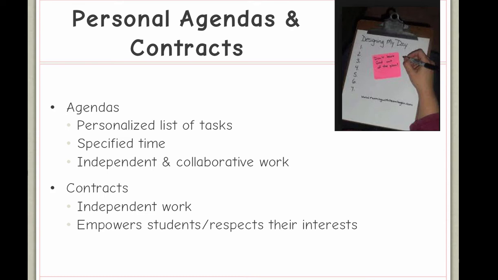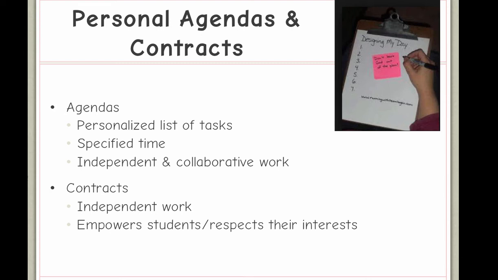I think every student should have a contract or an agenda that gives that student an idea of what they can do independently, some interests that they want to pursue, and really the goal of all teaching, of all school, is not for you to always be imparting information on the student. The goal is to get students to learn themselves, to learn independently.